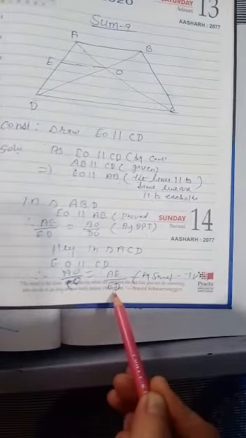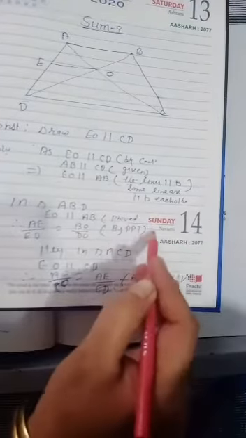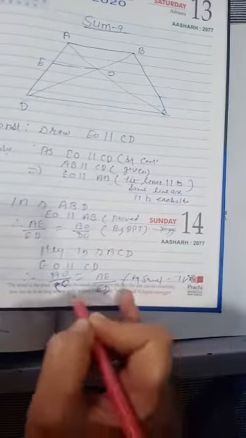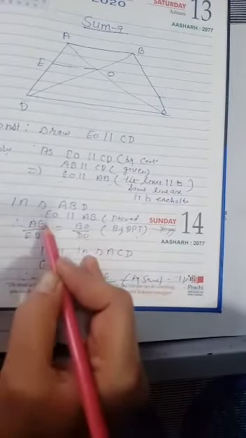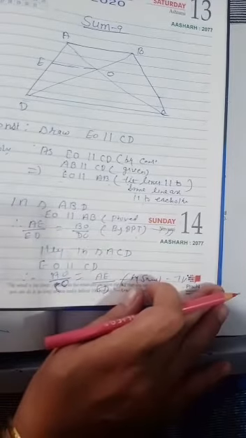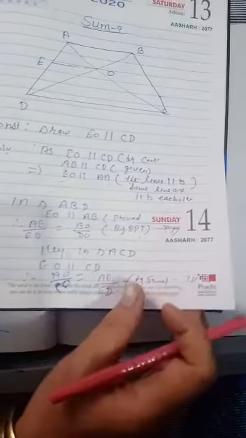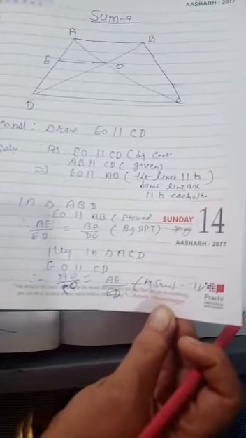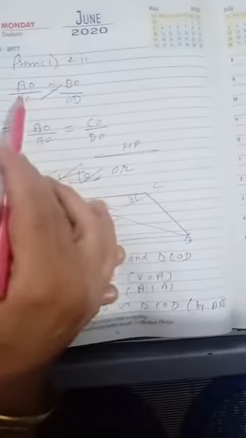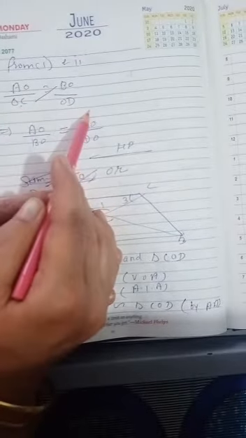Name it as first and name it as second. From first and second, AE upon ED is common in both. So we can say AO upon OC is equal to BO upon OD. AO upon CO is equal to OB upon OD.